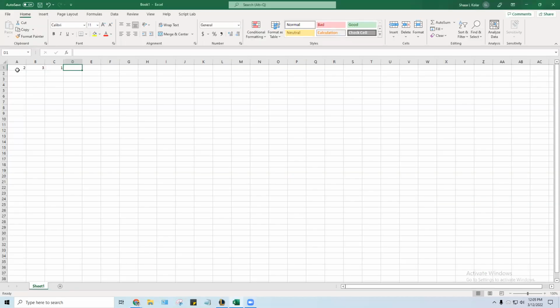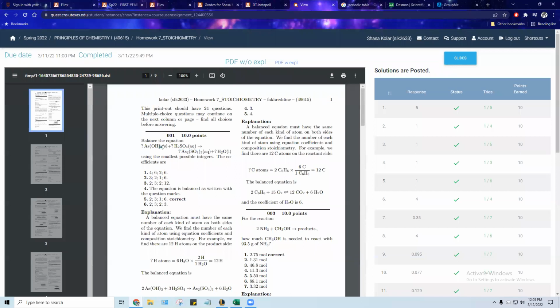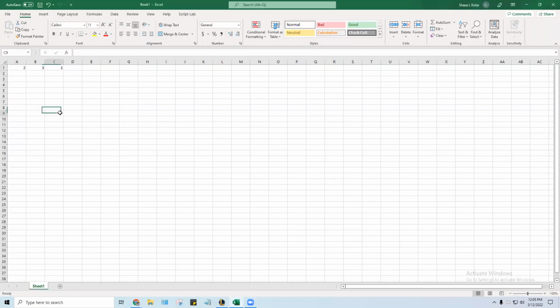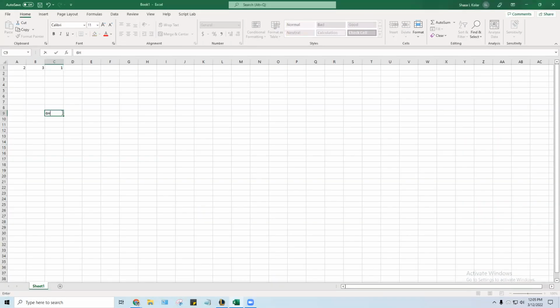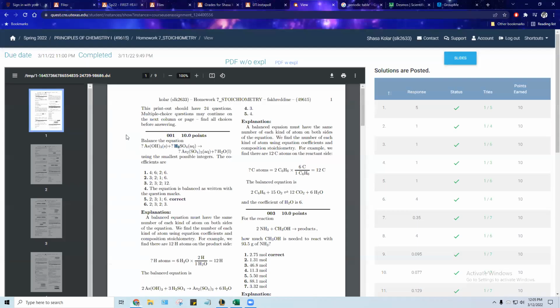So we have 2 times 3 is 6 hydrogens, so 6H, plus the second one is 3 times 2 hydrogens, that's another 6H, so we get 12 hydrogens. So 12 hydrogens would put a 6 right here. 6 times 2 is 12.